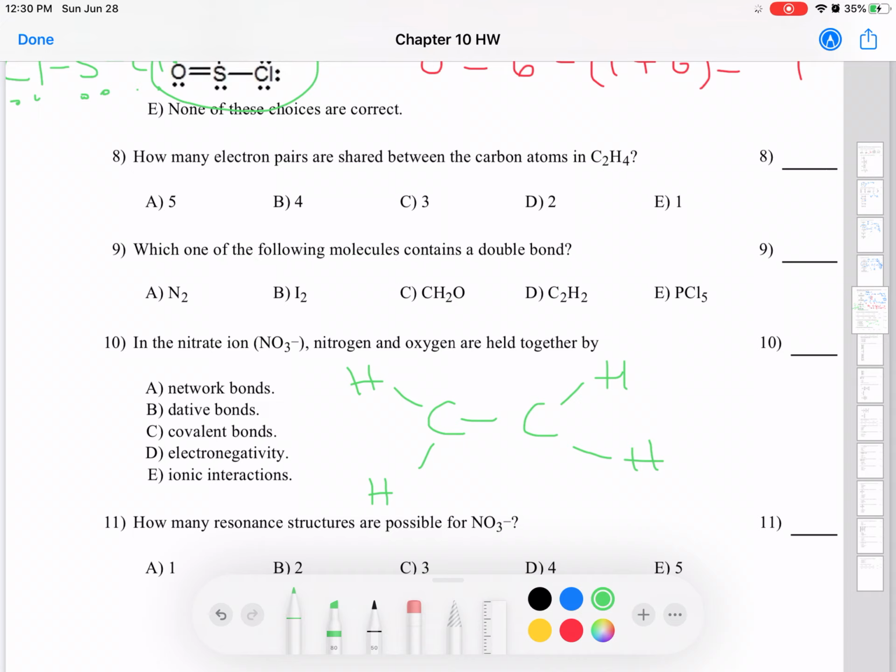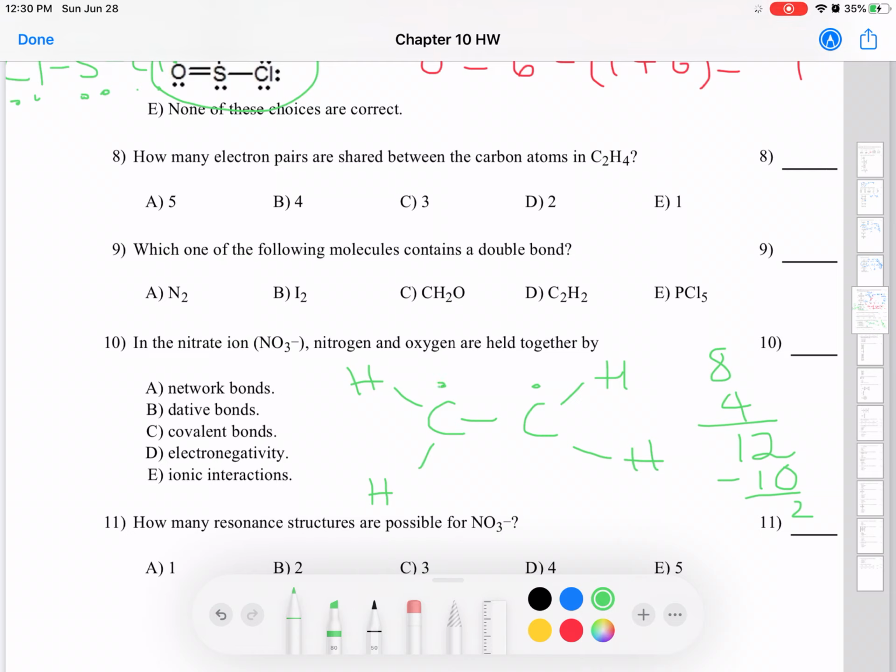Carbon is in group 4, 4 times 2 is 8, and hydrogens: each hydrogen has 1 valence electron, times 4, so 12. Out of the 12, we used up 2, 4, 6, 8, 10 for the skeleton, and we are left with 2 electrons.